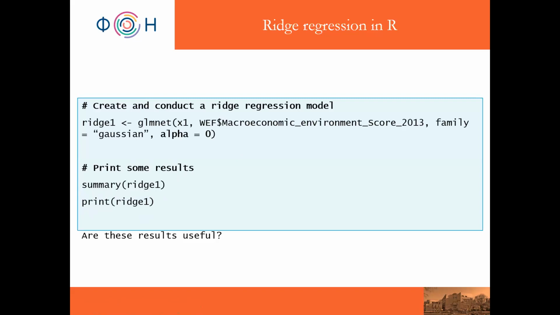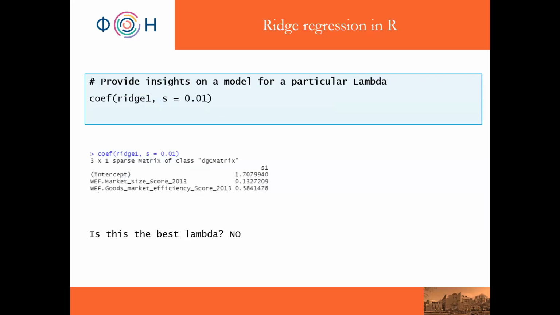So using these regular summary and print functions is not something that I would recommend when you are using ridge regression. So what are we now going to do?